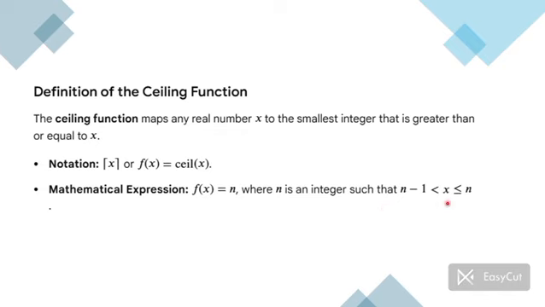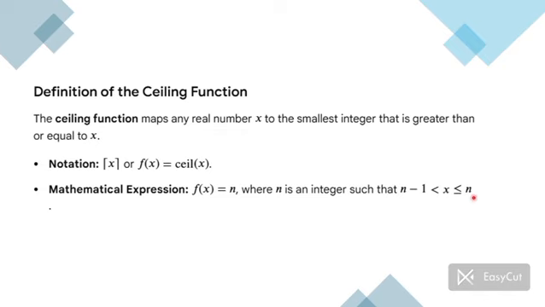Here observe this interval: n-1 less than x, x less than or equal to n. From these, the number greater than or equal to x is n. n is greater than x and it is also equal to n, and this must be the smallest integer.